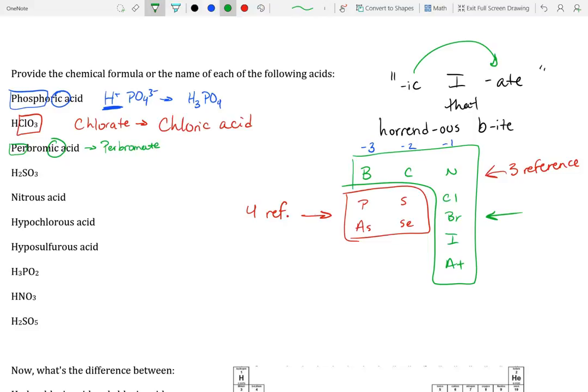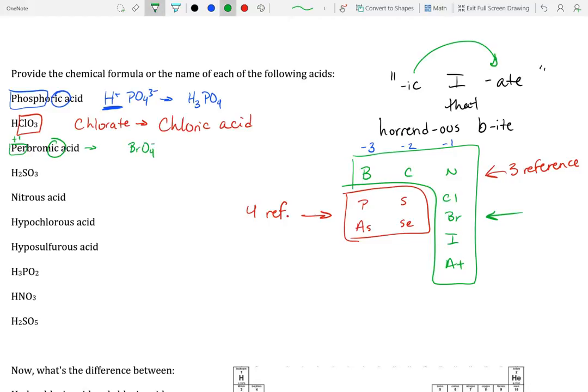So what does perbromate mean? Bromine down here is inside the rule of 7, not the box. It's inside the 7, so it has 3 reference oxygens, right? Well, the per means we added an oxygen. So perbromate should have BrO4, right?